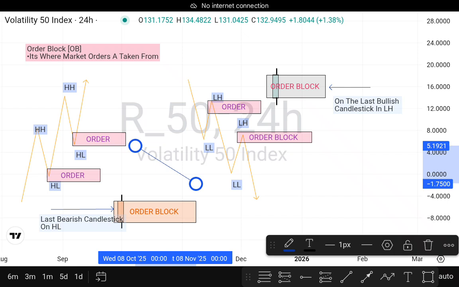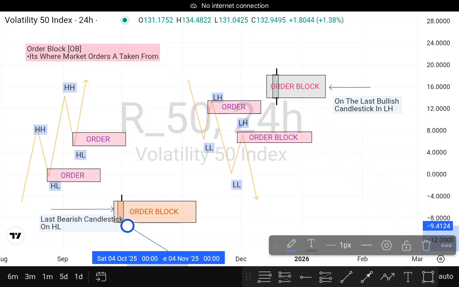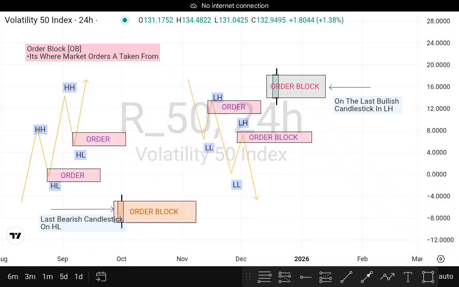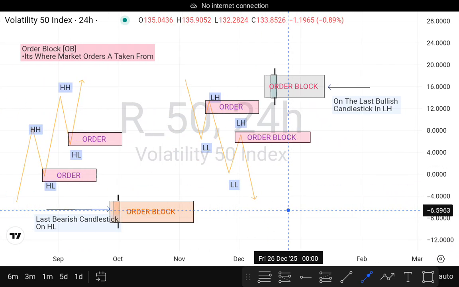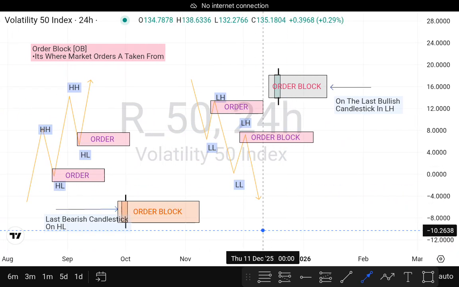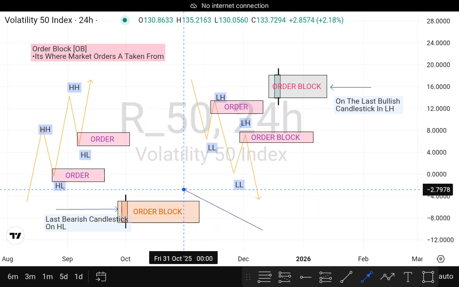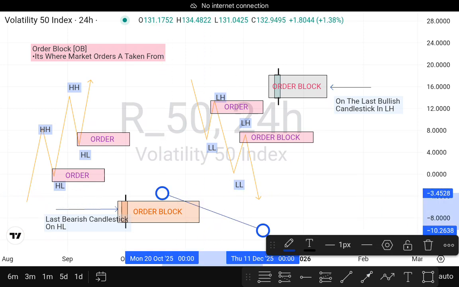And where do you usually put your order block on your higher low? You look for the last bearish candlestick, guys. The last bearish candlestick. Let's take this one as the last bearish candlestick.